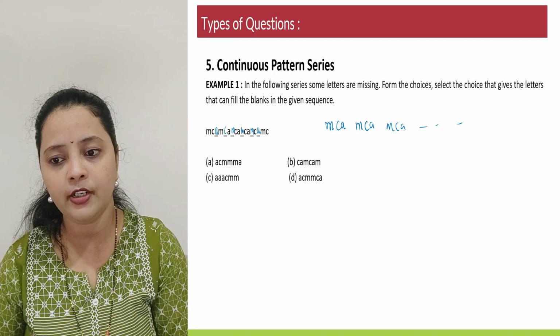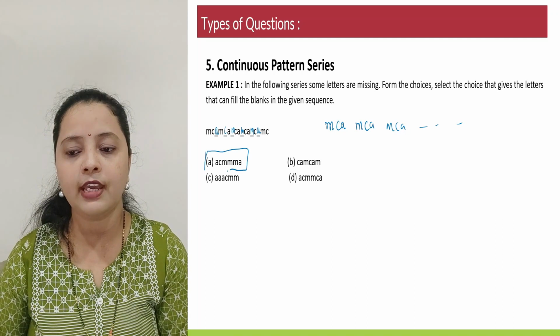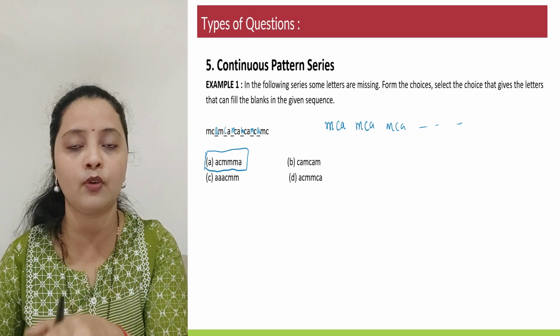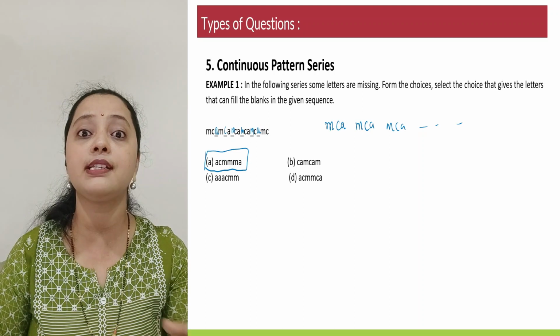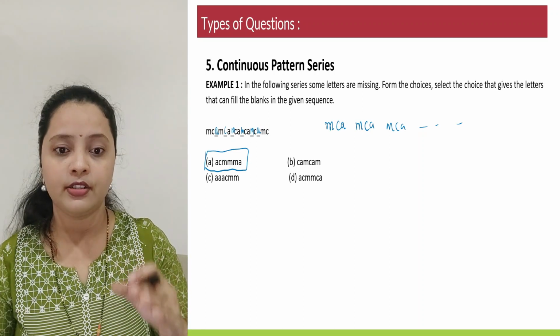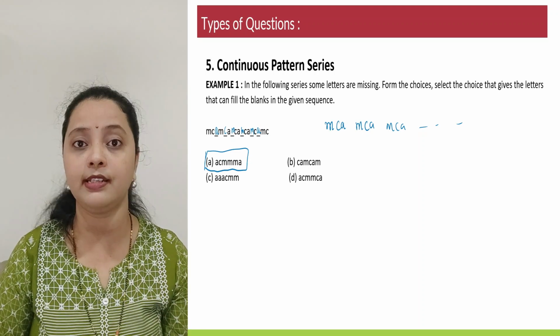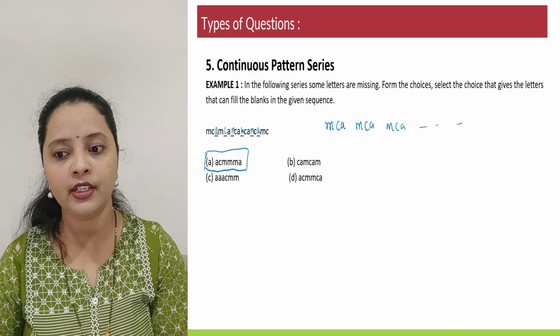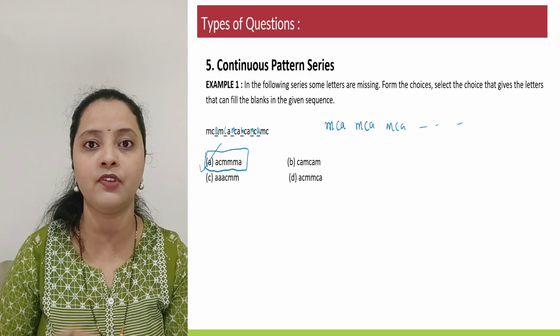So just by substituting option A, I was able to complete the series or generate a pattern in that series. So whichever option does so should be your answer. I was lucky over here that option A itself gives you the answer.